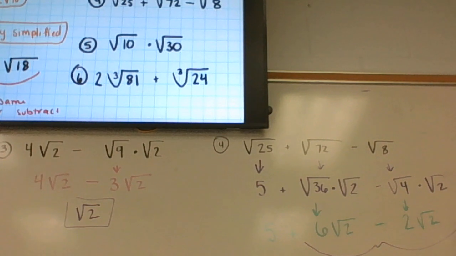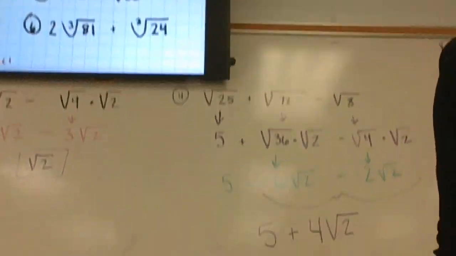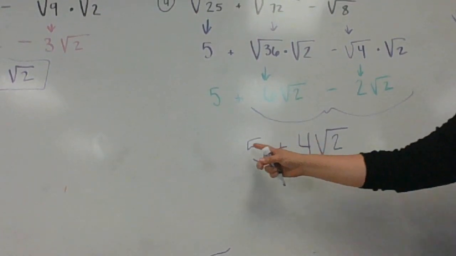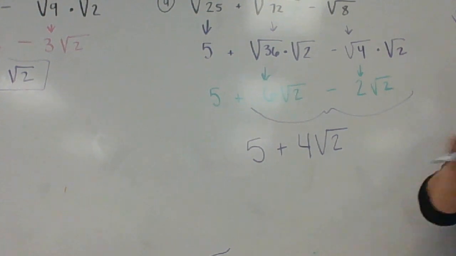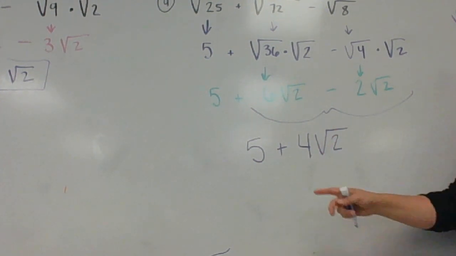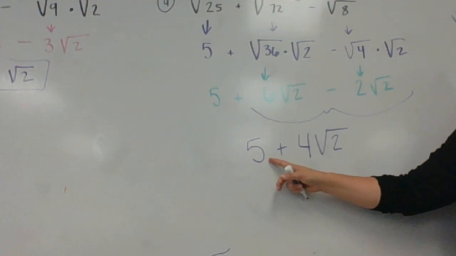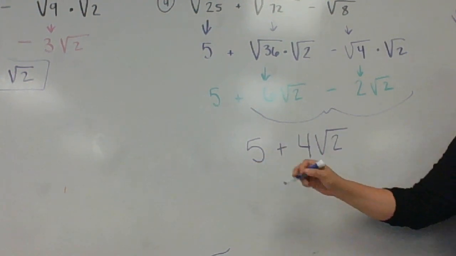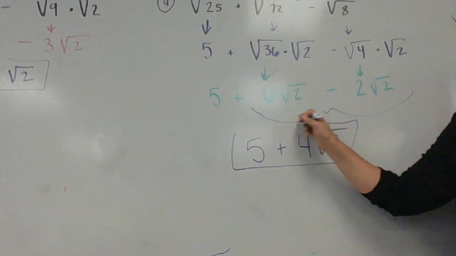I see students in Algebra 2 getting this wrong, even after passing algebra, even after passing geometry. They're going to go ahead and add the 5 and the 4. You can't. You can only combine like radicals. If this doesn't have that little square root of 2 next to it, it can't be added. This is the final answer.